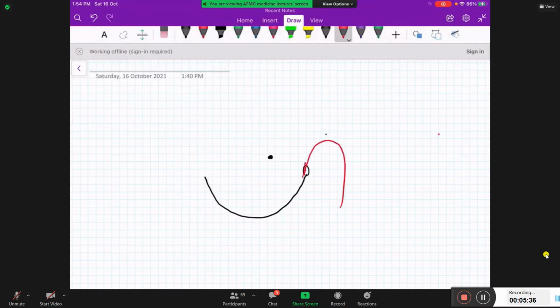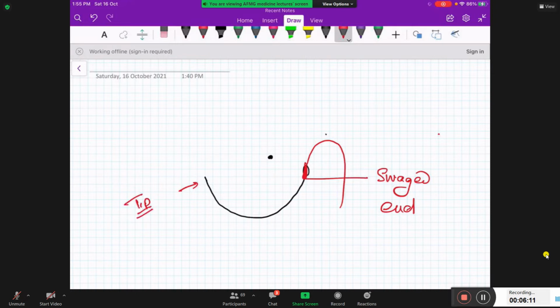So the point where the suture is inside the needle from the manufacturer side is called the swaged end. So the end where the suture material is inside the needle itself, that part of the needle is called the swaged end. And then there is a tip of the needle also.